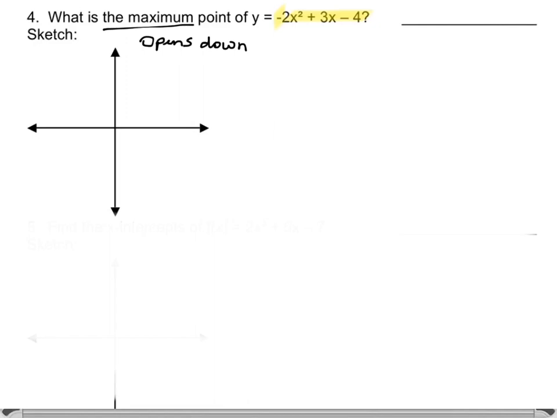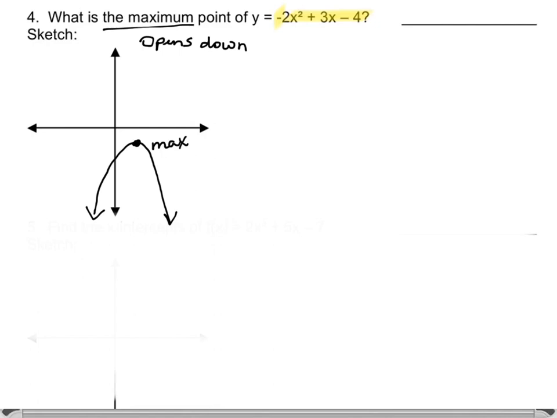And this one does not cross the x-axis. But we can get an answer to this because we're not looking for the zeros. We're looking for the vertex. That's your maximum point. And that's what we're looking for, that max. So this is a coordinate. This one has an x, y value.